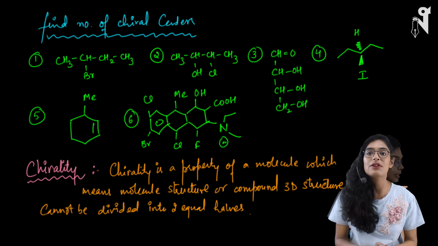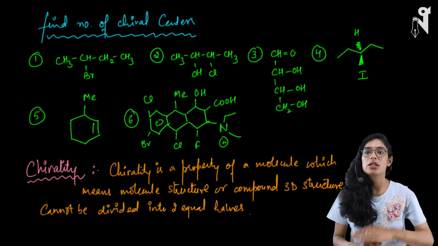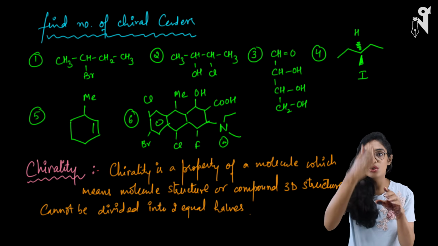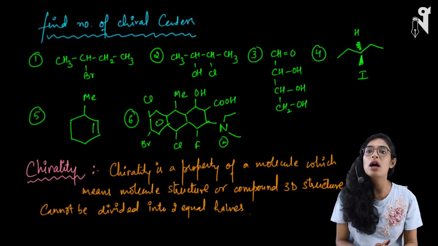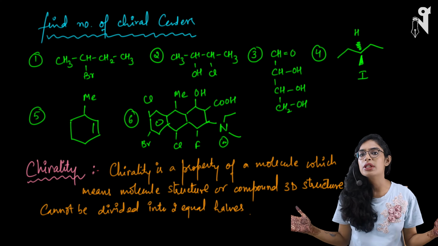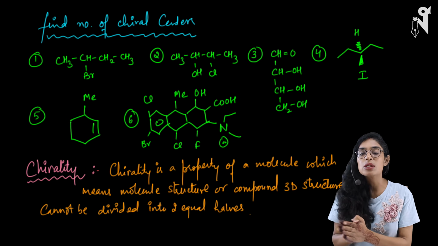So for example, if you talk about a rectangle and you cut it, you can divide it into two equal halves. A piece of chalk can be cut into two equal halves. You talk about anything around you, you see there are certain things which can be divided into two equal halves, and there are certain things which cannot.